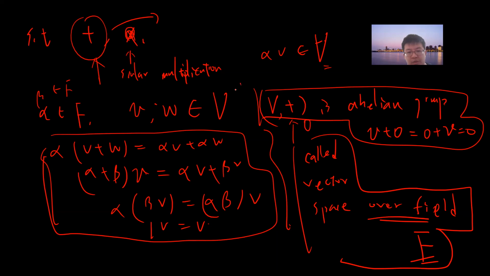This is the first axiom, and the second set of axioms. Once you have these two, it always agrees with the common 10 axioms of the vector space. So basically we have an abelian group and these 4 axioms.